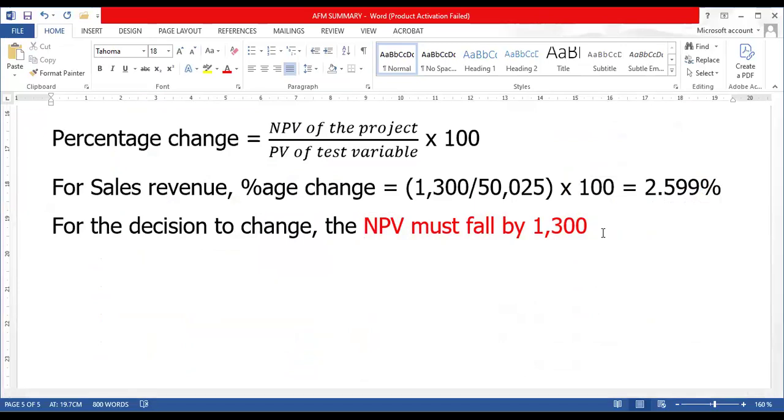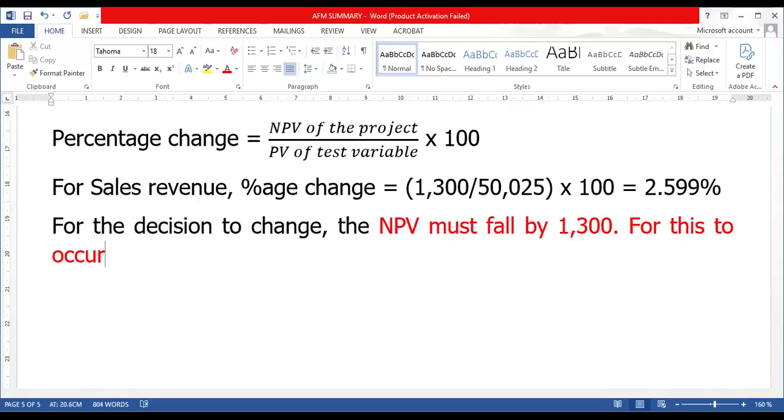for this to occur, we are saying that the sales revenue, our parameter, our test variable, our sales revenue must do what?